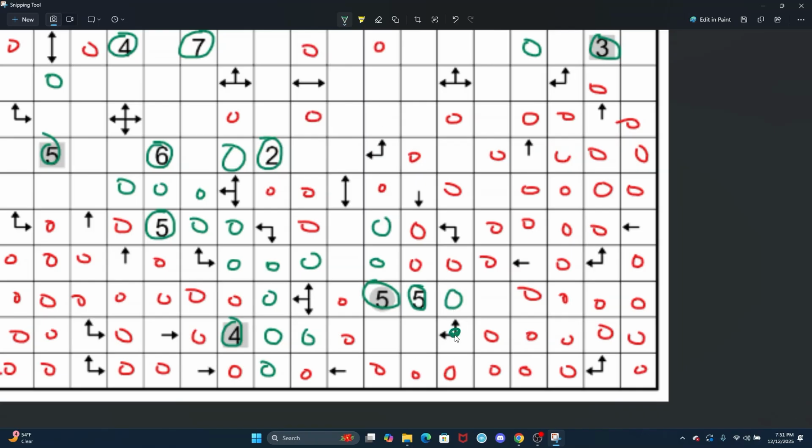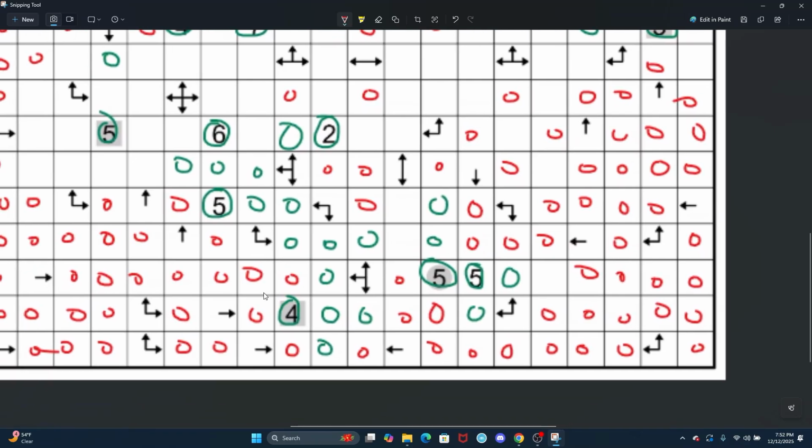And so this cell is green, so looking at this cell with an arrow means that this cell must be green. And looking at this 5, in this 3 by 3, there are 1, 2, 3, 4, 5 green cells already. So that means this cell must be red. Yeah. Cool.